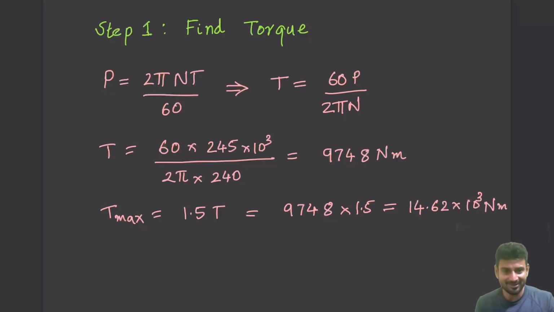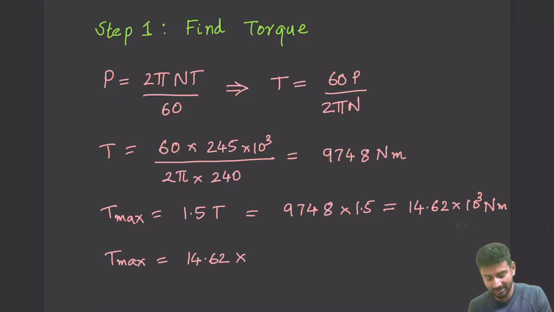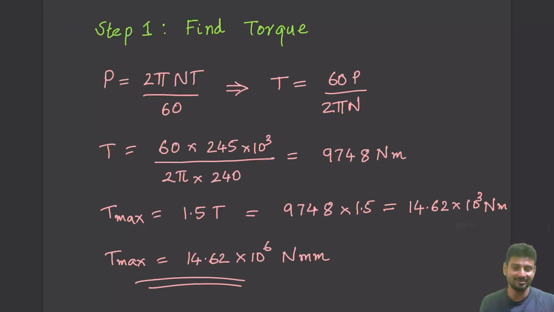As I've said previously, I want to convert all the length units to millimeters. So T max equal to 14.62 into 10 raised to 6. I'm going to multiply it by 10 raised to 3 to get the units in Newton millimeters. So the first step is over. We have got the value of the torque.